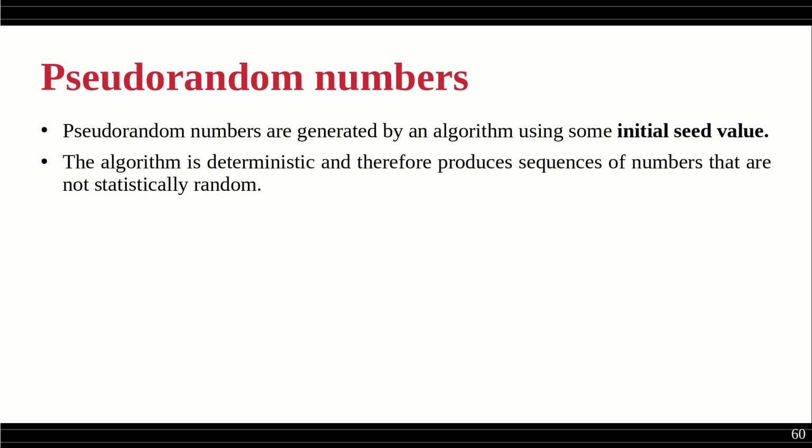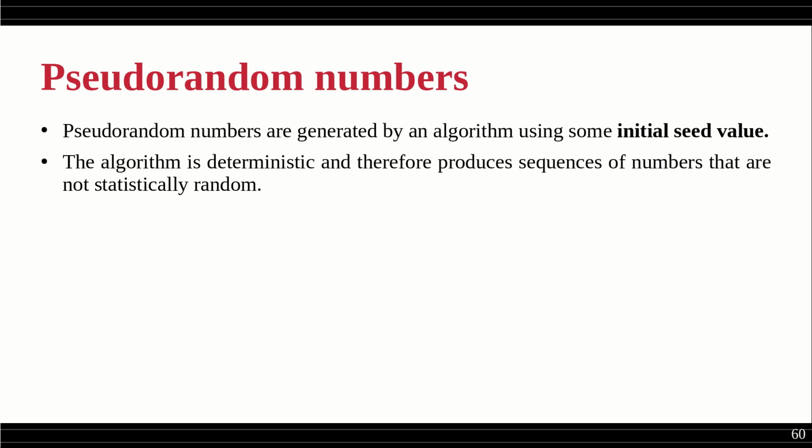Means if somebody is getting this randomness, in the sense I'm giving you some 5 numbers, if you are able to predict the 6th number, means there is no randomness at all, right? But if you are not able to predict, even though I am giving you some 1000 numbers, this is the first number, this is the second number, etc., and this is the 1000th number. If somebody is able to identify some kind of pattern among these 1000 numbers, and he is able to predict the 1001st number, means there is no randomness actually.